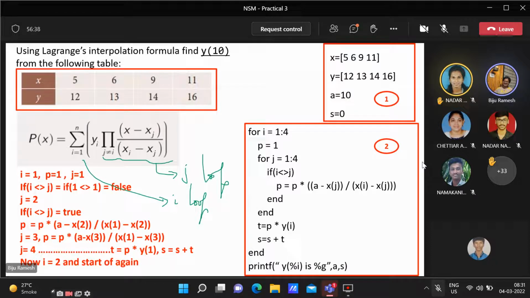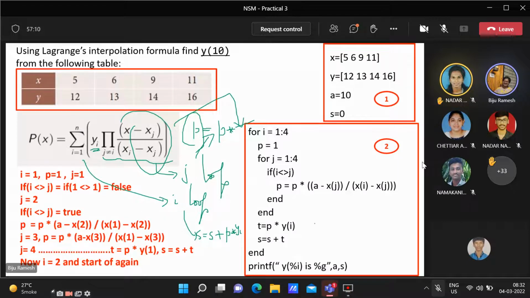In the J loop you will find the product, P is equal to P into the term. And in the I loop, whatever product you have found, you will add it. S is equal to S plus P into, we have one more multiplication to be done, that is y of I. So y of I. You have to multiply this. So now this P into this term will come here.